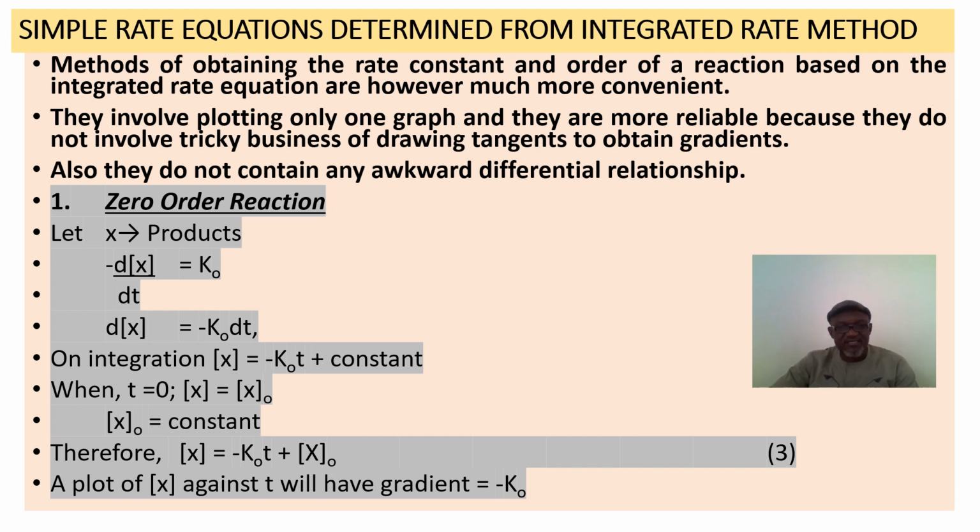Any data that is given, we subject to this plot. If it gives us a straight line, then we can calculate the rate constant. And of course, the intercept of that straight line will give us the initial concentration x0. By so doing, we are able to get the rate constant and order of the reaction.